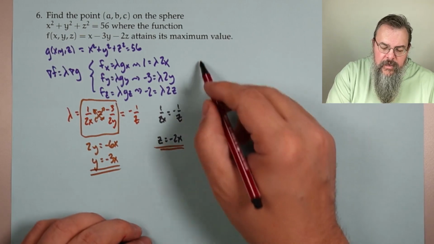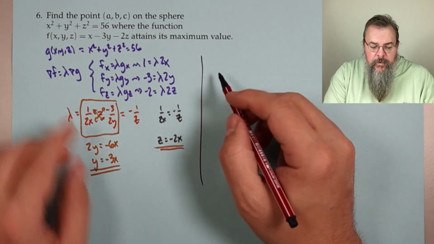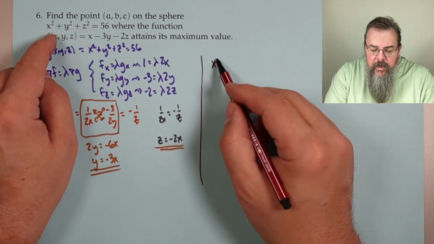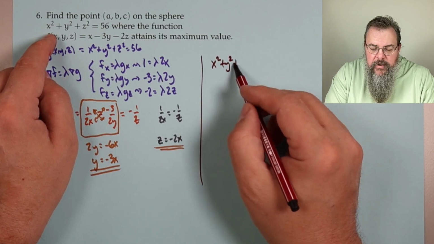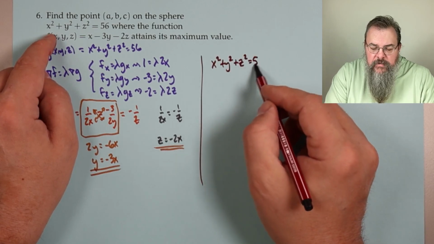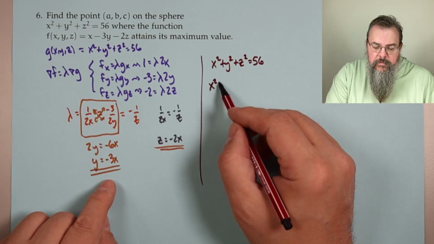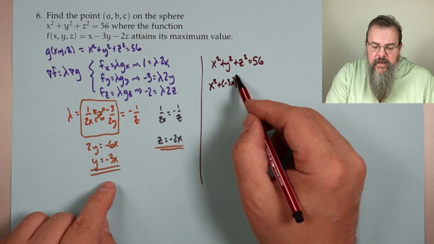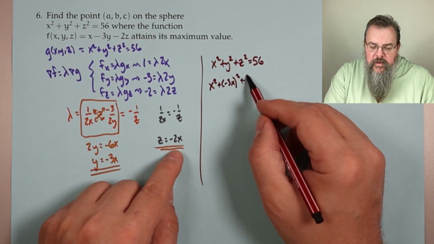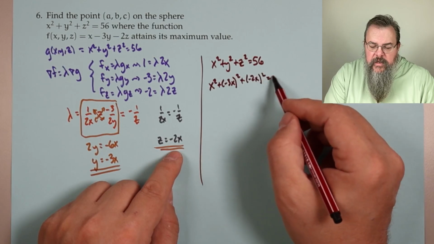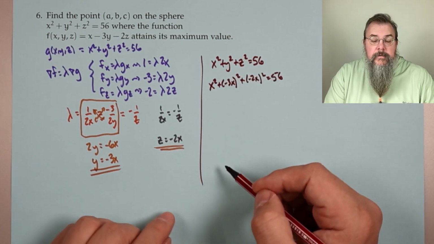So we have our constraint x squared plus y squared plus z squared equals 56. Well, that becomes x squared plus negative 3x squared plus negative 2x squared equals 56.